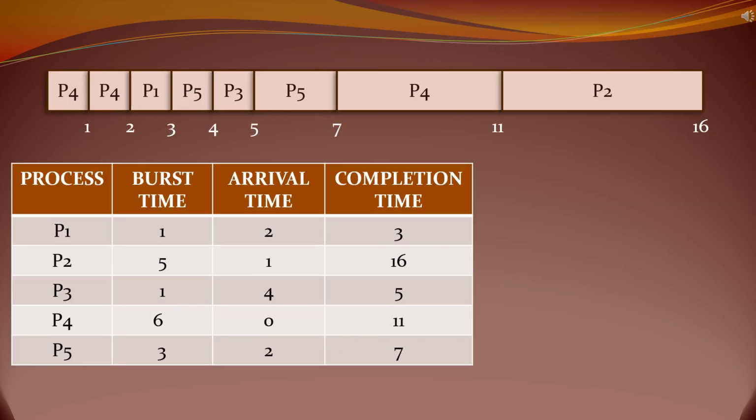Now from the Gantt chart we got the completion time of every process: the completion time of P1 is 3, of P2 is 16, of P3 is 5, of P4 is 11, and of P5 is 7.